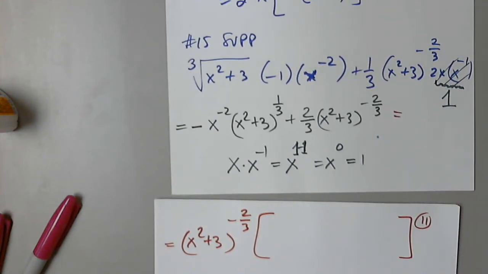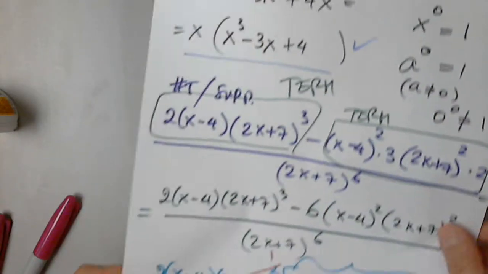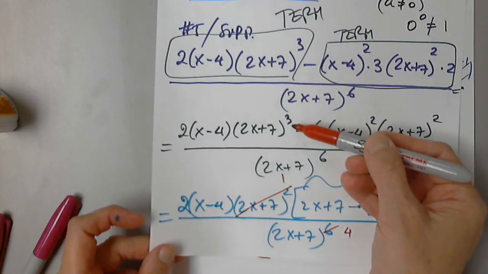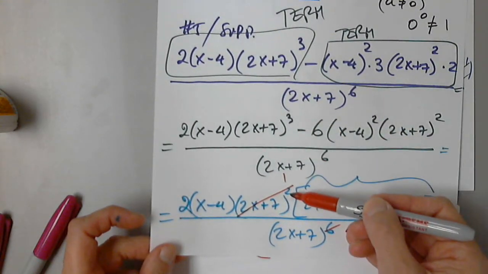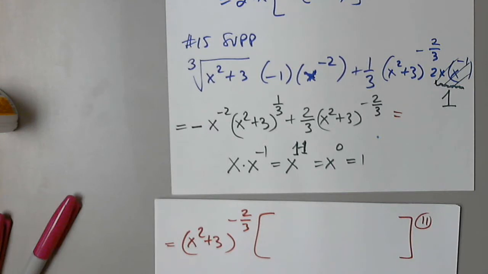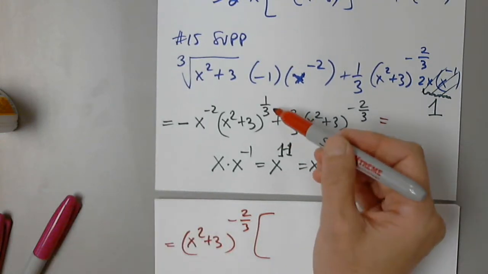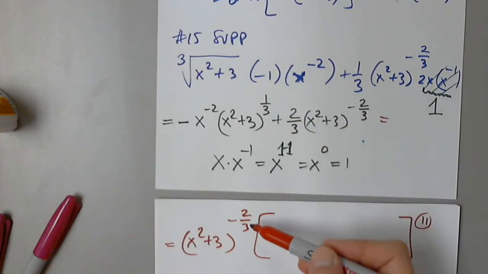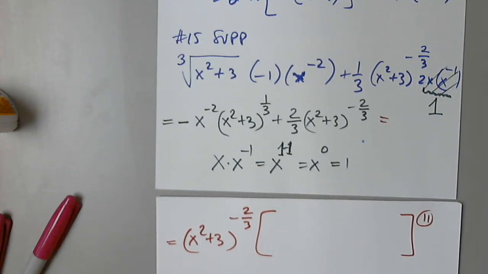Remember the question from before? From power 3, I subtract power 2 to get the result as power 1. Stay with me, please. From power 1/3, I subtract power negative 2/3. From 1/3, I subtract negative 2/3, which is 1/3 plus 2/3, which is?